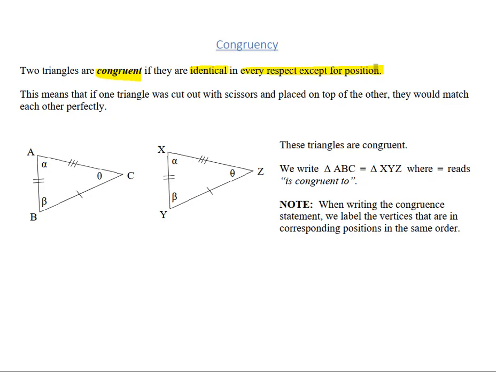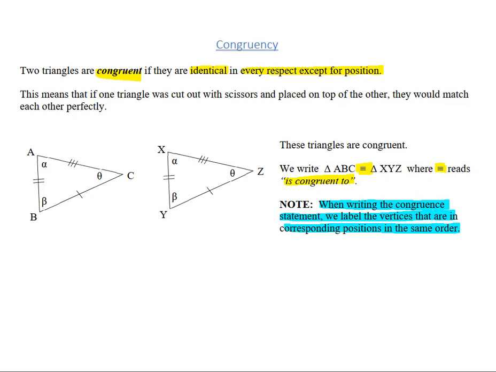We write triangle ABC is congruent to triangle XYZ, and those three horizontal lines mean "is congruent to". Now also note, and this is something that we often forget, including myself, that when writing the congruency statement, we label the vertices in the same order as their corresponding positions.